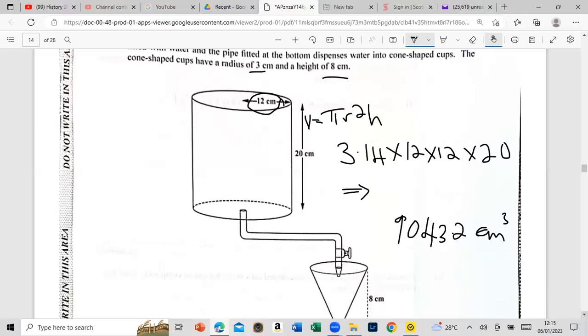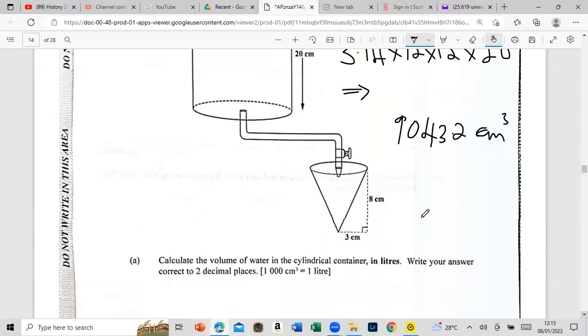All right, they did say we're supposed to put it in liters. So that would be 1/1000 times this.